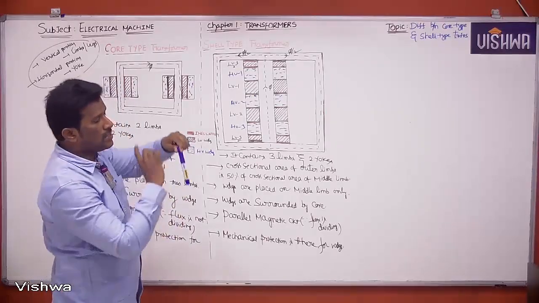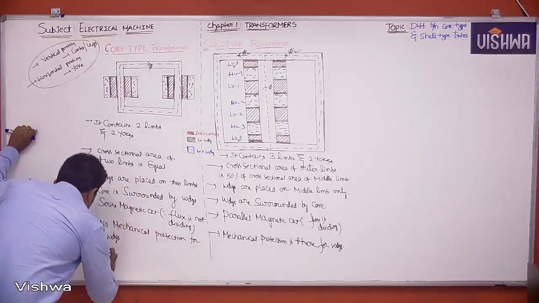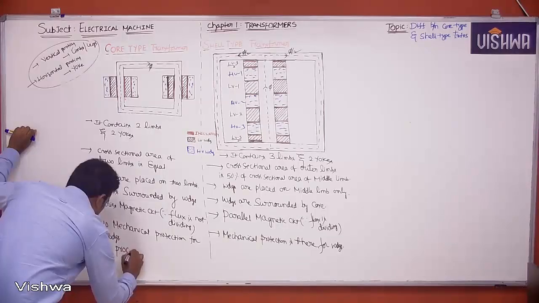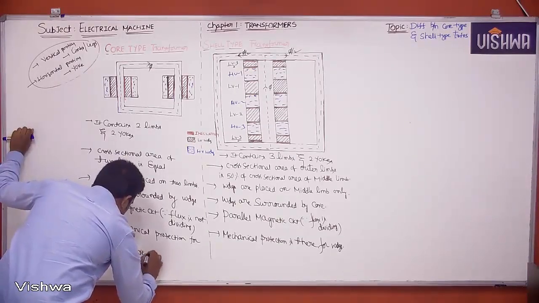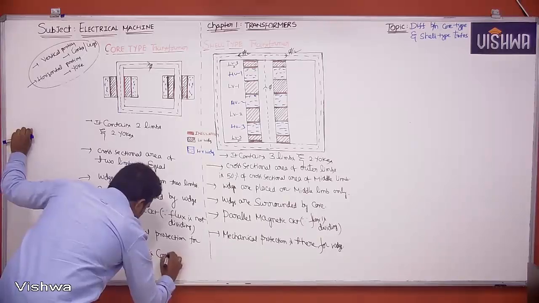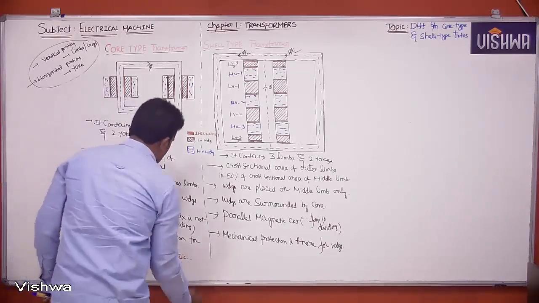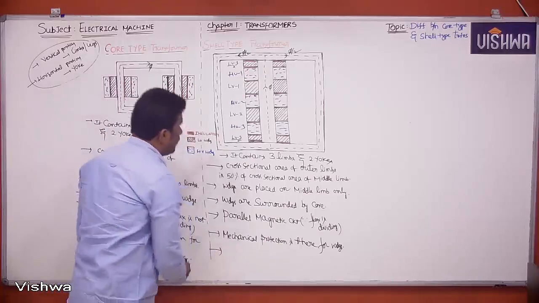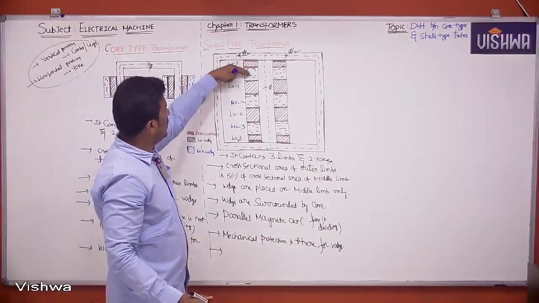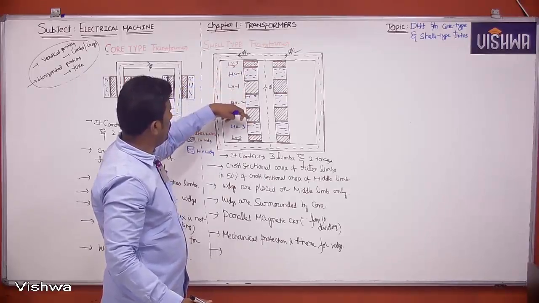We are placing windings horizontally. So let me write here: winding procedure is concentric winding. Now what about here? See, just like a sandwich: LV, HV, LV, HV, LV, HV, like this.